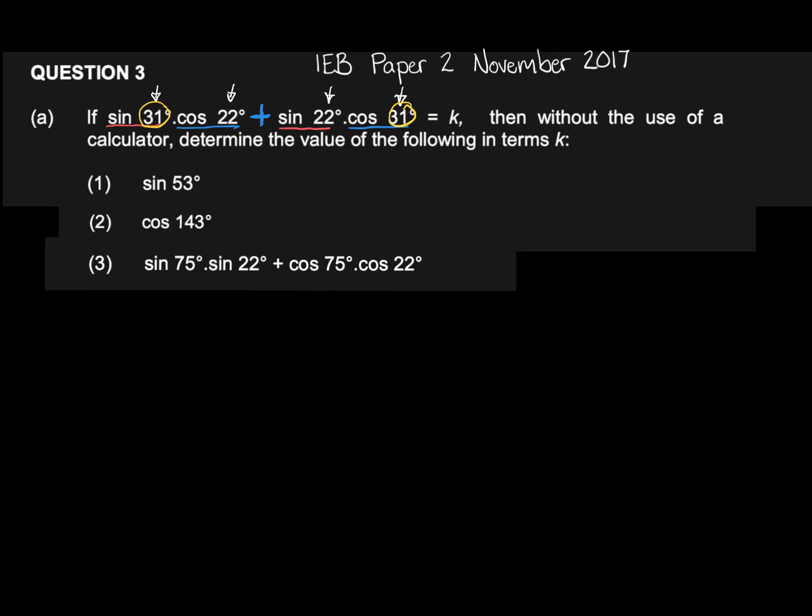Your compound identities are given to you on a formula sheet, and they look like this. They're sine alpha times cos beta, and then next to it it's going to say cos alpha times sine beta, and that of course equals sine of alpha plus beta.